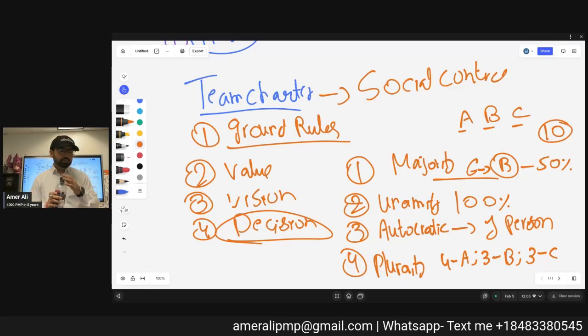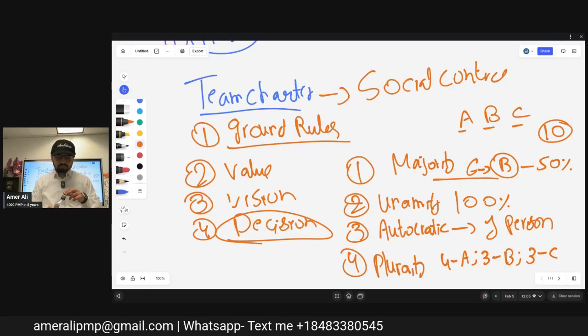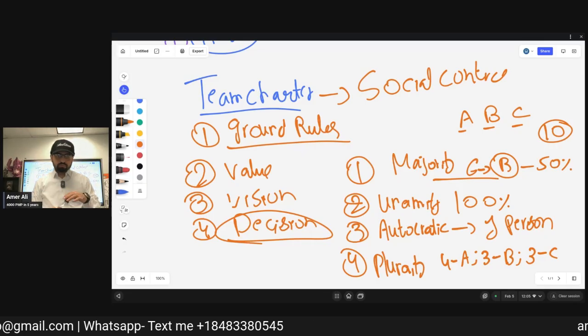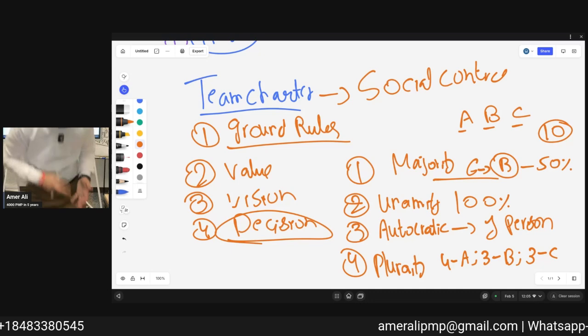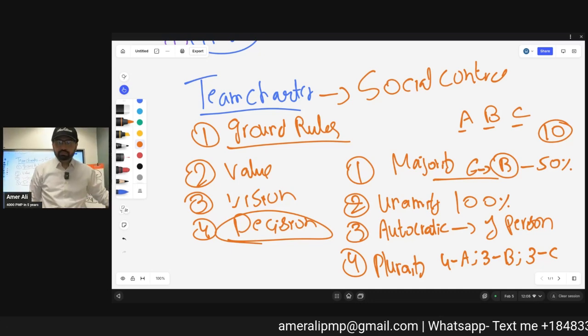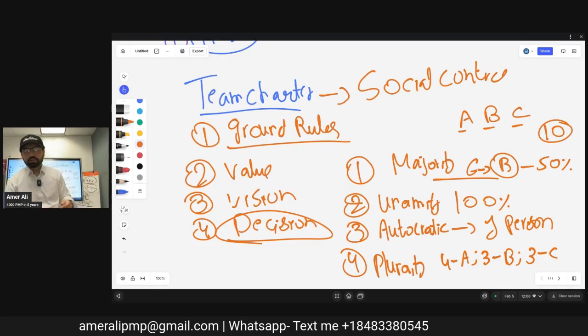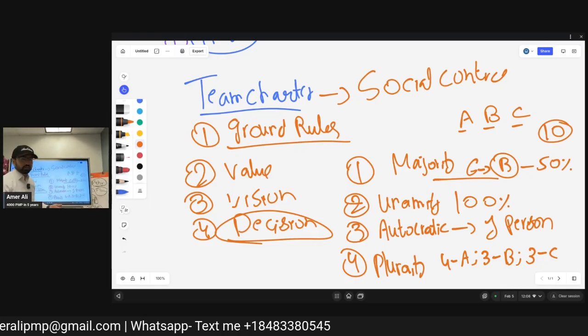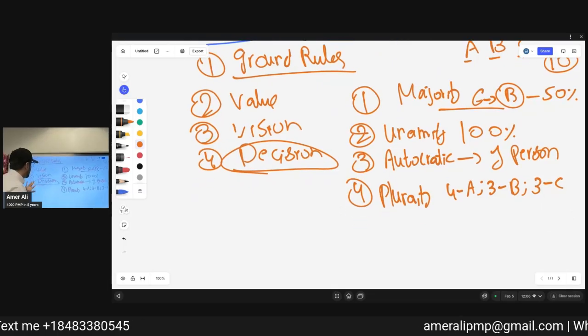Put in the chat box, which option has more votes? A has more votes, that is called plurality, we will do that. So how do you take decisions? Okay, that is basically ground rules, values, vision, decisions.